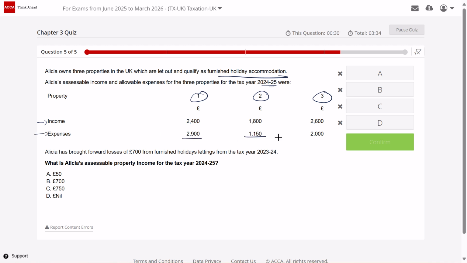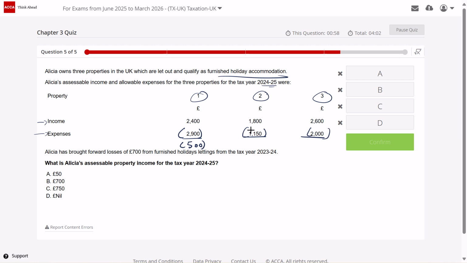So what I will do, I will simply compute net profit or loss. So 2,400 less 2,900, that makes it negative 500. And this will be 1,800 less 1,150, these are my expenses, so I'm deducting them.